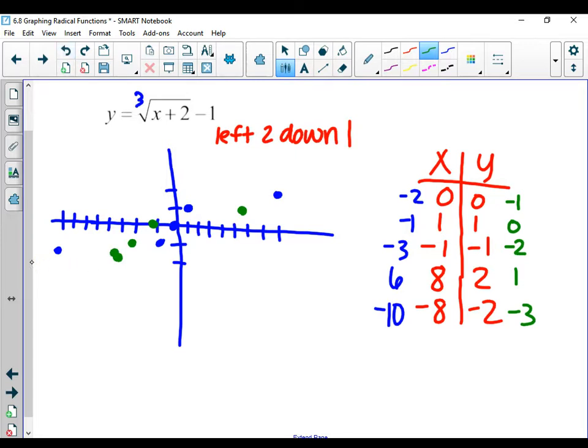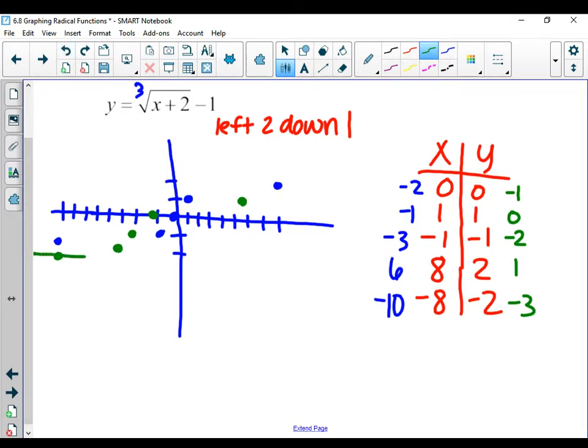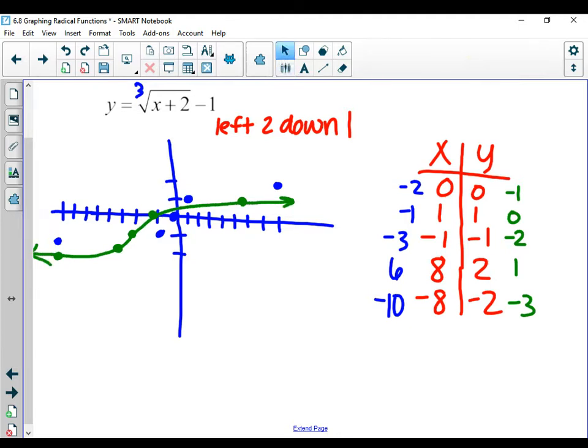So if you notice, my graph has shifted to the left 2 and down 1. I could have taken every dot and literally gone left 2, down 1, plotted it, left 2, down 1, left 2, down 1. Okay, some of us need that table because it displays everything that's going on.